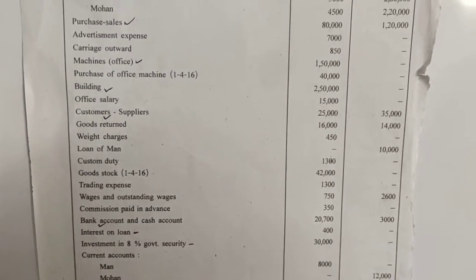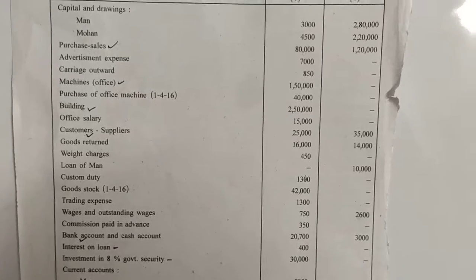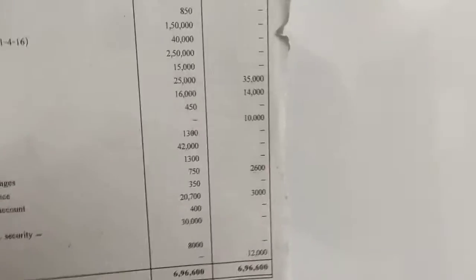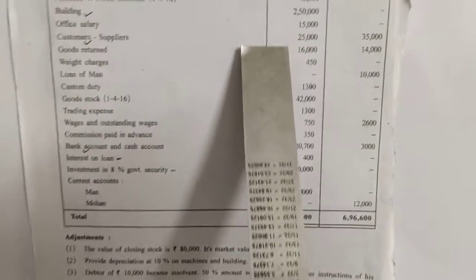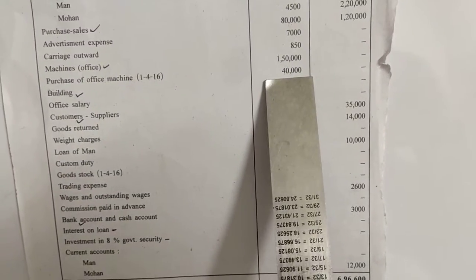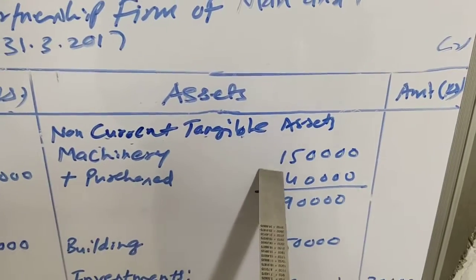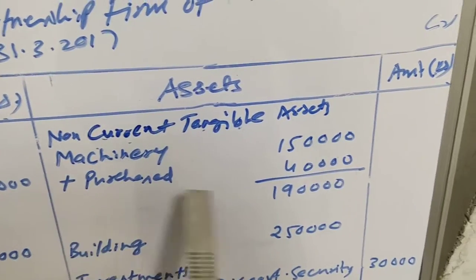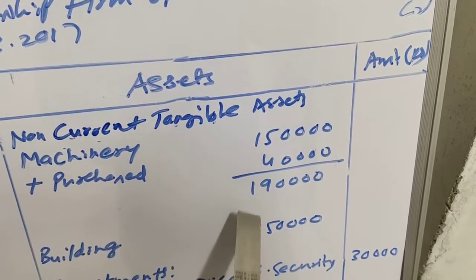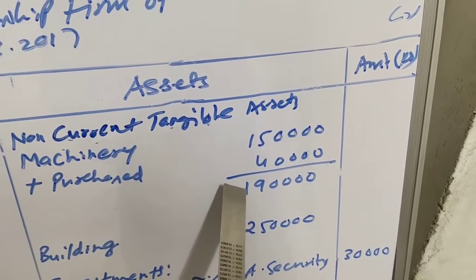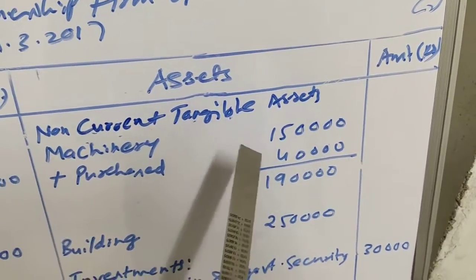Next item is purchase of machine 40,000. It will be added to machine, just as we have written 1,50,000 plus purchase 40,000, total amount 1,90,000. We will keep this amount in the inner column.